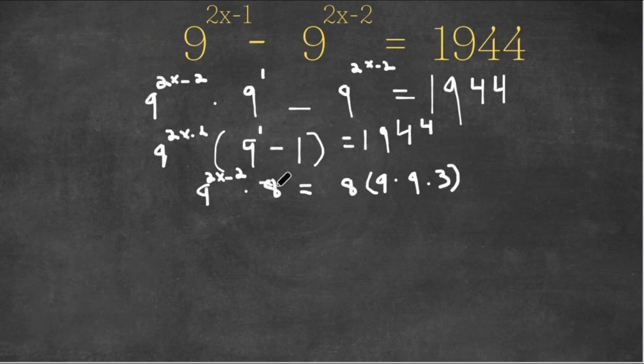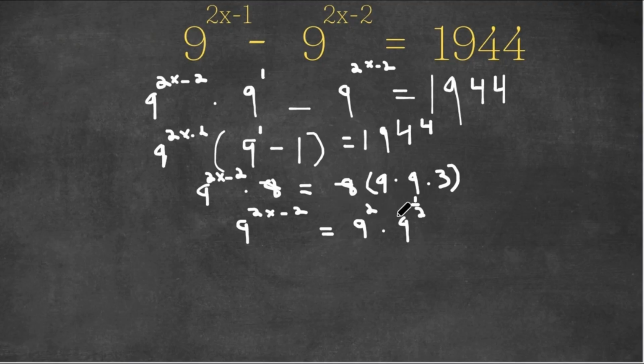So now these two 8s would cancel out, so this would be 9 to the power of 2x minus 2 equals, well, 9 times 9 is 9 squared, times 3 is actually 9 to the power of 1/2, because 1/2 is the same thing as the square root of 9, and the square root of 9 is 3. And now, as you can see, what I've done is I've made all the terms have a base of 9.